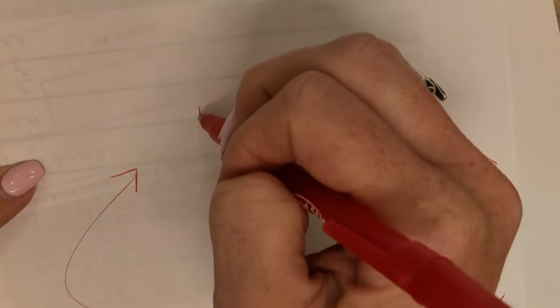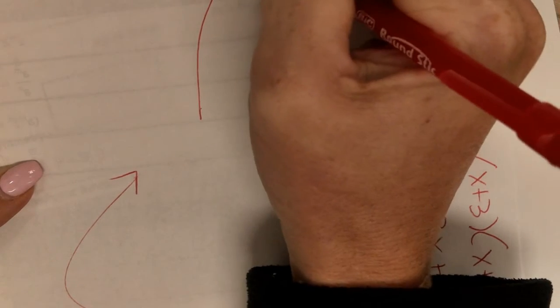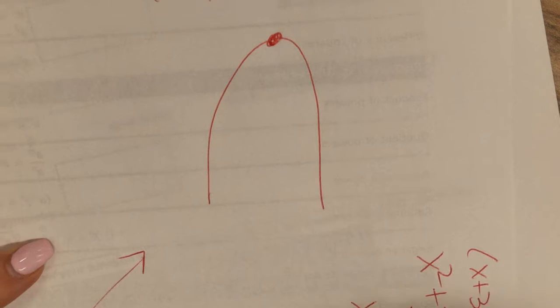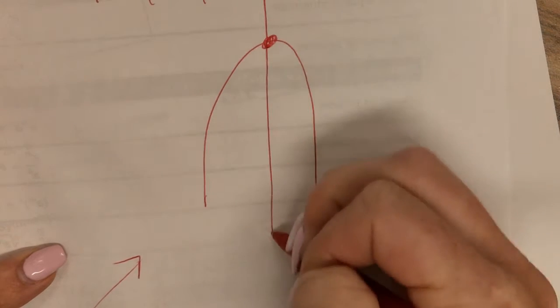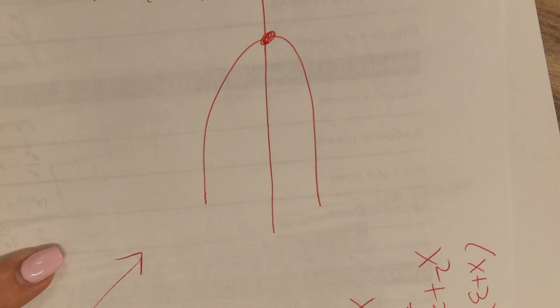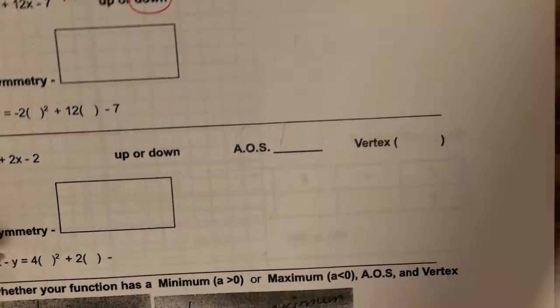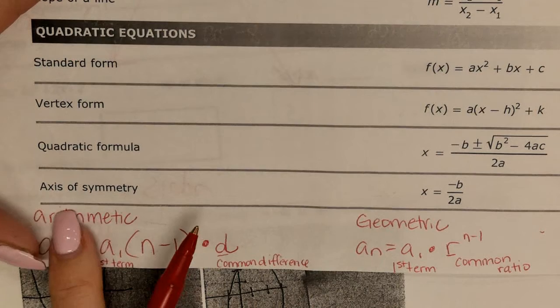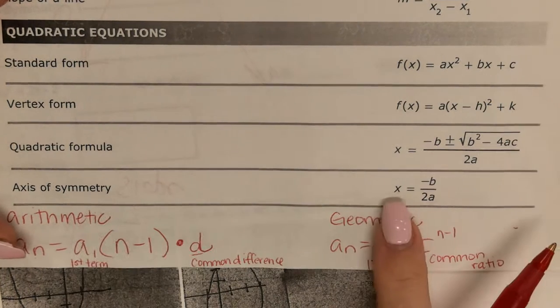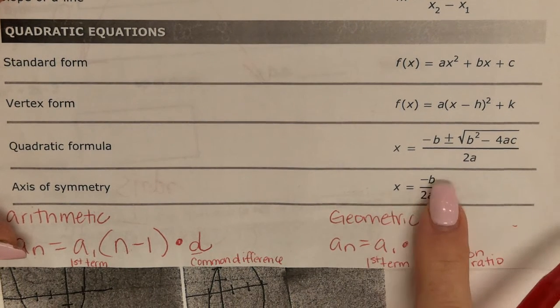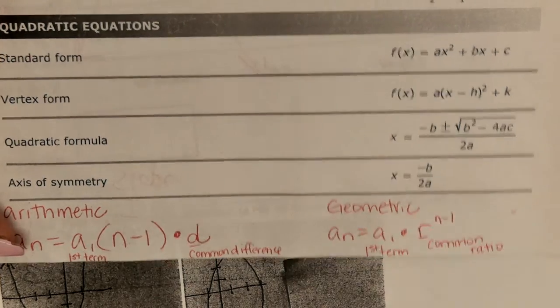So if I have a parabola like this, this is the vertex. Are y'all with me? That's the vertex. That's the what? Axis of symmetry. So they go together. All right? So the formula for axis of symmetry is x equals -b over 2a.